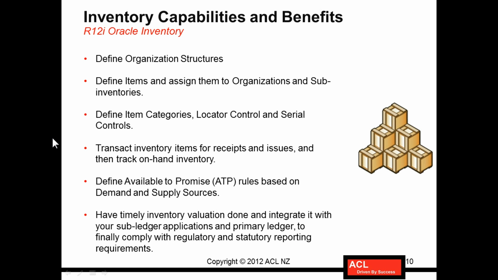As a part of your item setup, you also define item categories, item category sets, locator control, and serial controls. Again, take a simple example: you go to eBay and you want to buy something. You could see that everything is categorized into multiple categories, and you would see hyperlinks there.